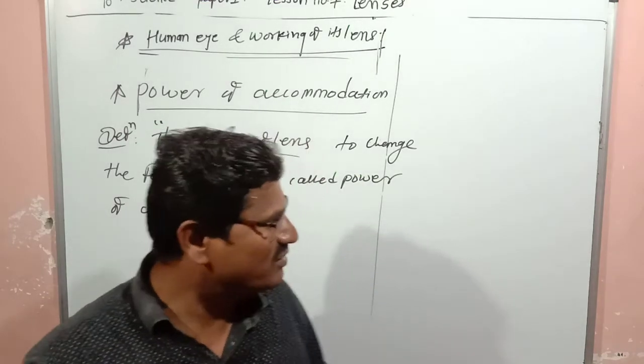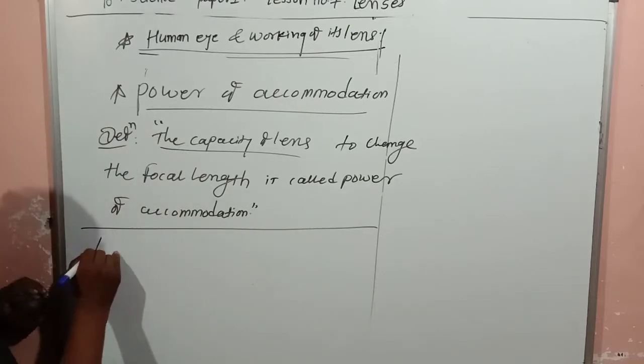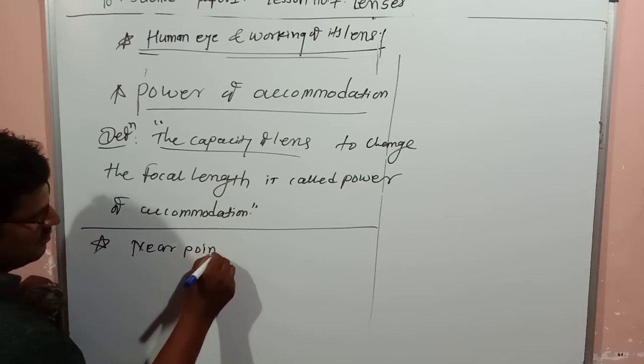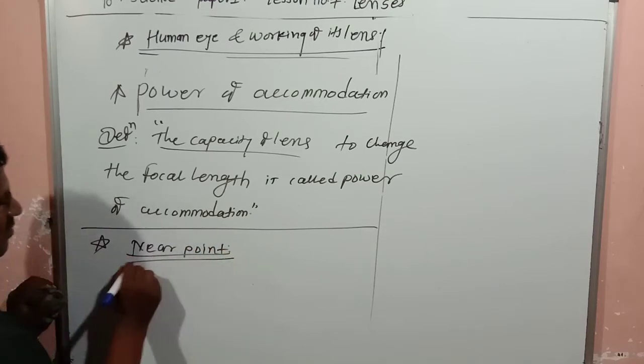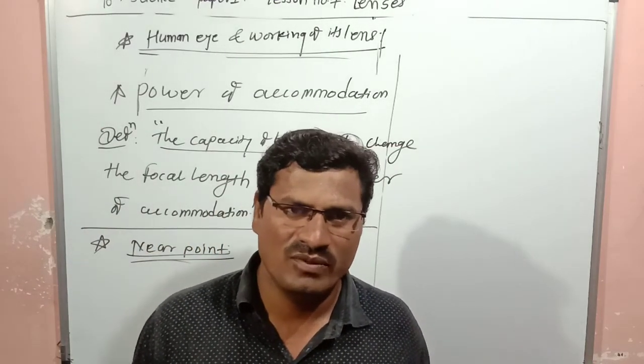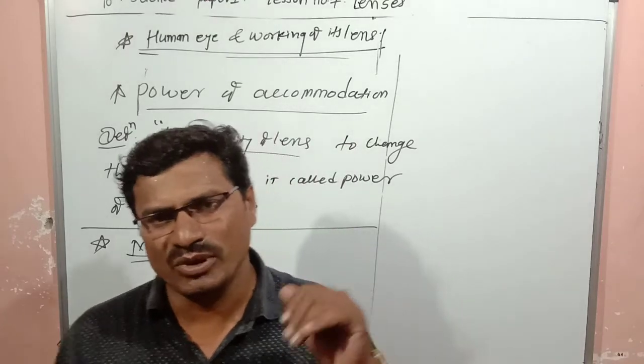Two points remain. The first one is the near point, and another one is the far point. What do you mean by near point? It is the distance at which you can clearly see nearby objects.